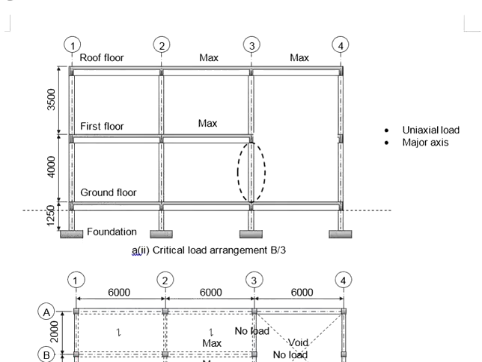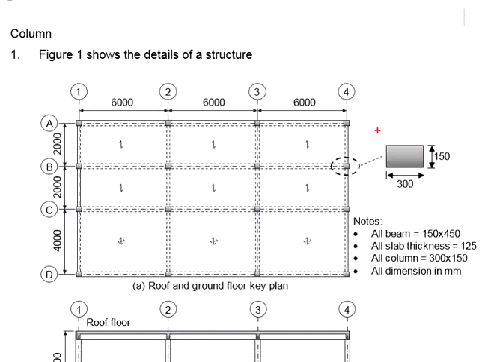Now, based on the load arrangement, you know that this column is subjected to uniaxial bending, and the bending will be in the major axis. Why is it so? You may refer to the orientations of the column. All the columns have the same orientations. That means column A3 will have this arrangement, and the bending now will be in these directions, which is bending towards the major axis.